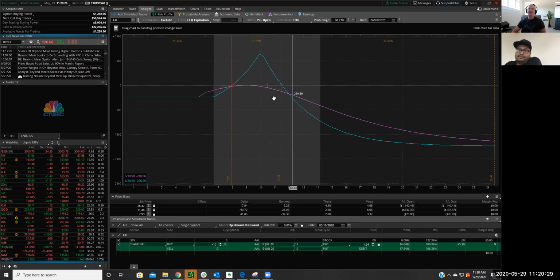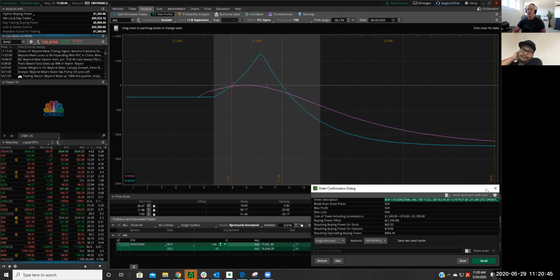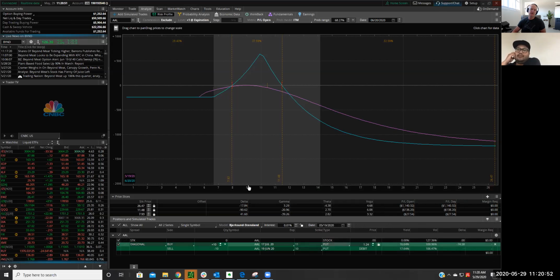Okay. So what happens is, if all it does is stay at the current price at expiration, you're going to make $438. On how much would I in theory have to spend to buy these? This would take you about $1,250 in buying power. Okay. So you could crank up the contracts because it's such a small underlying if you wanted to.